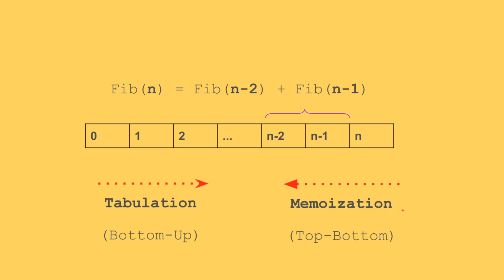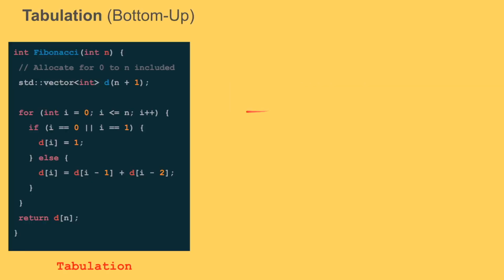That's what in literature is usually called memoization or top to bottom. Now, if you fill out your memo from left to right, you're still doing memoization, but the name for that in literature is usually tabulation or bottom up. So we could go either this direction or that direction. They're the same thing. It's just the sequence of calculating these functions.